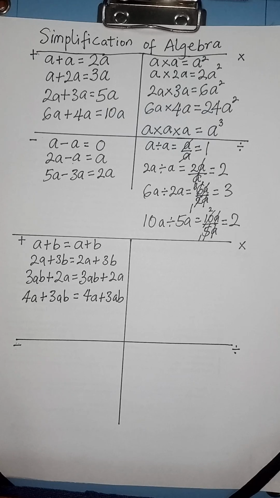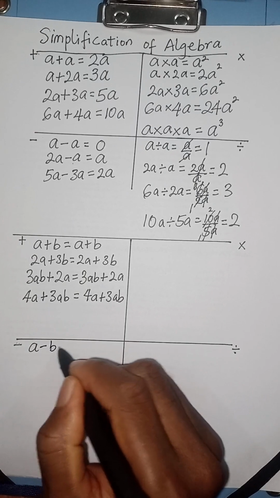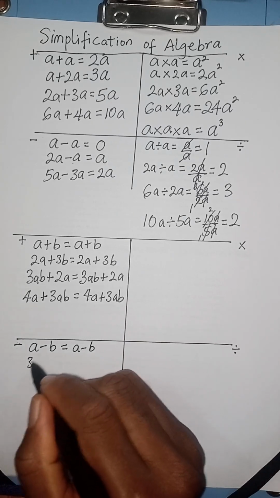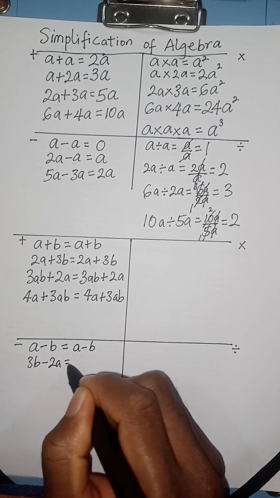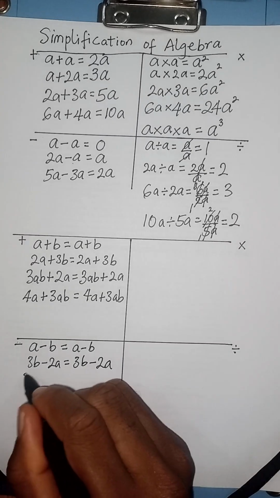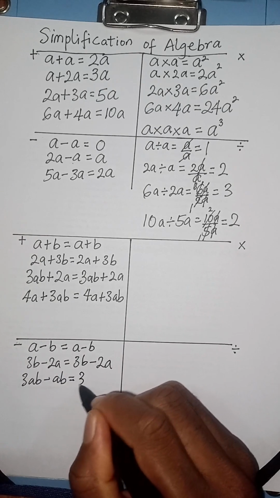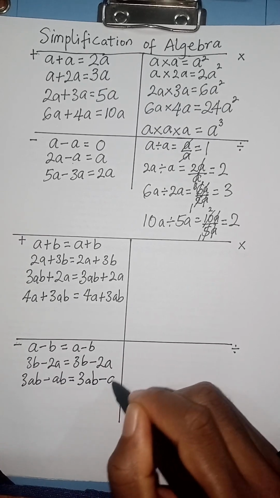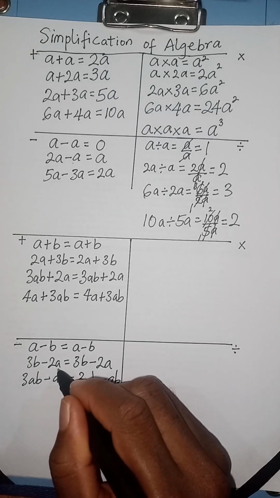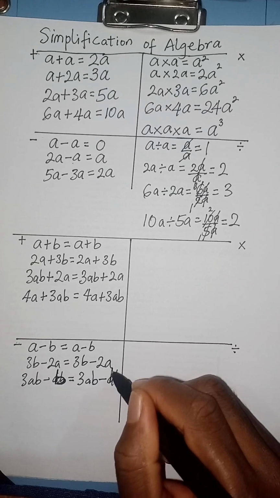Now let's move over to subtraction. The same principle, it does not change. A minus B will still give you A minus B. 3B minus 2A will still give you 3B minus 2A. Oh, sorry, I'm just supposed to have unlike terms here.